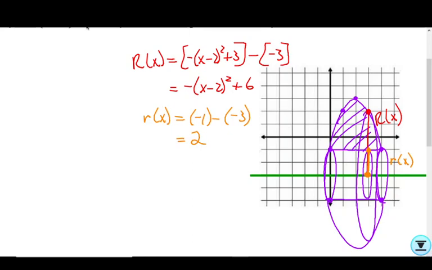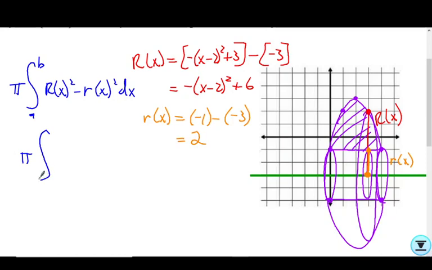Now, since we know we're doing our horizontal axis, we're using this equation: the integral of big R squared minus little r squared dx. And we just plug in. So our upper and lower limits, our volume starts here at 0 and ends here at 4.